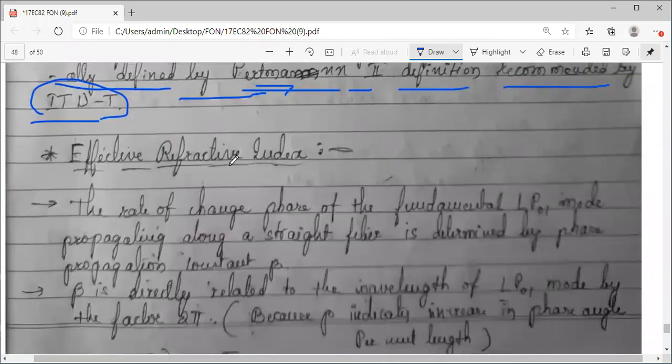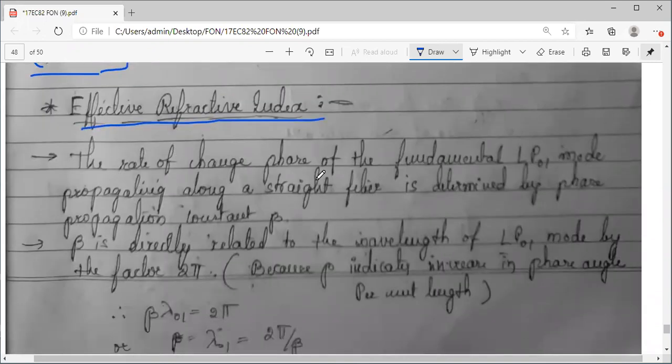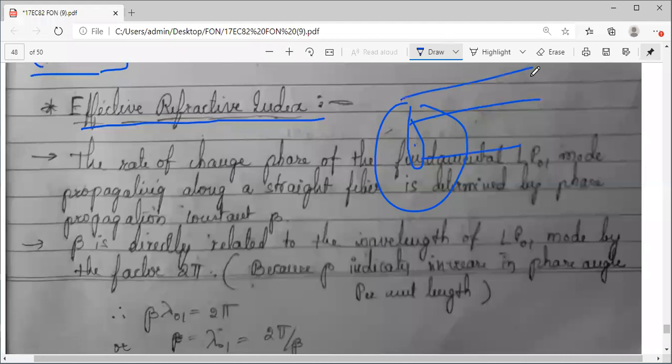Now coming to the parameter effective refractive index. You already know the structure of the optical fiber. You have two different refractive indices, right? And if you see their field distribution, it is something like this.